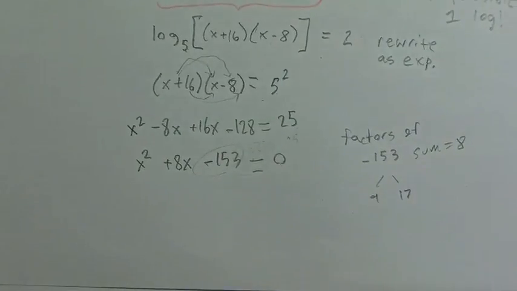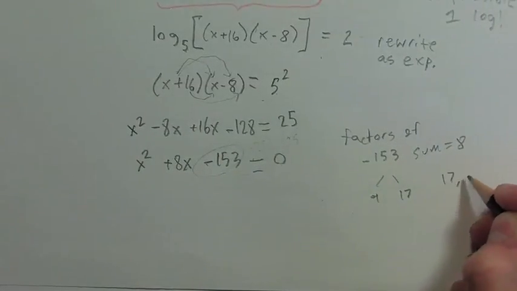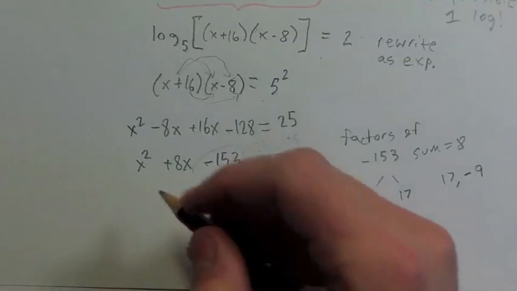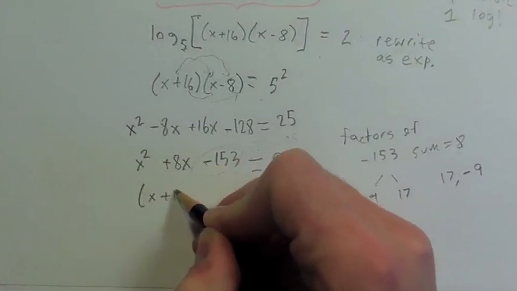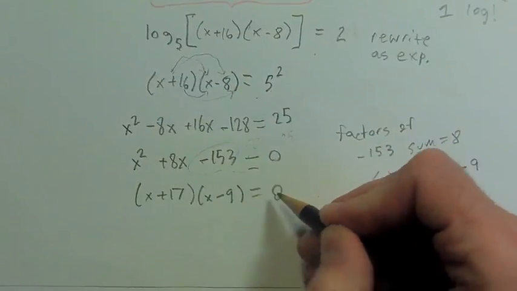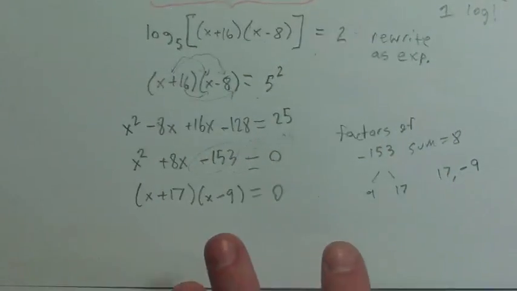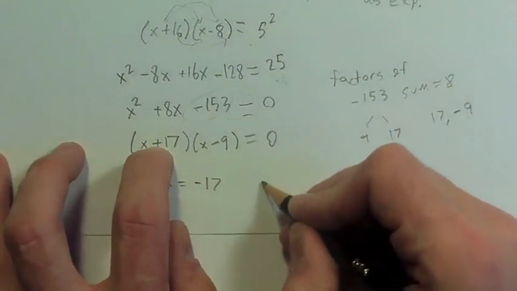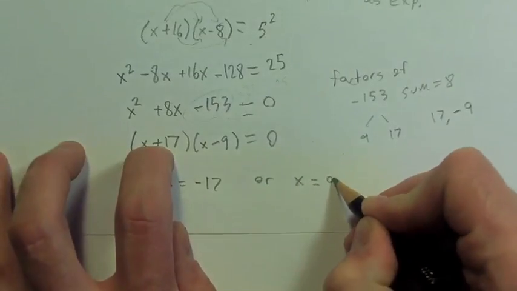So let's try 17 and negative 9, because 17 times negative 9 will give me negative 153, and then 17 minus 9 will give me 8. So that's it. x plus 17, x minus 9. So that gives us x is either equal to negative 17 or x is equal to 9.